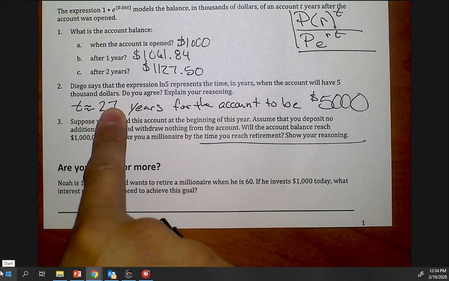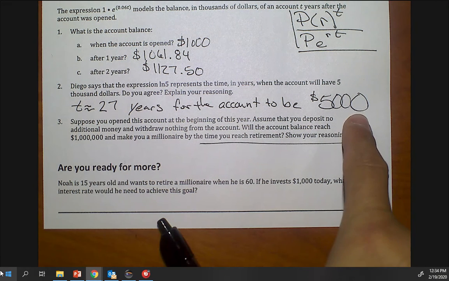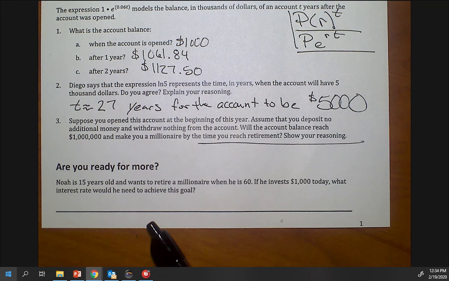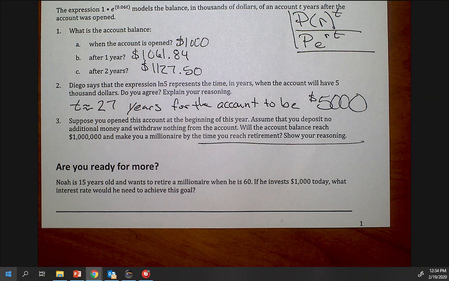It took 27 years to get to $5,000, didn't it? So if I have a 30-year retirement, do you think I'm going to actually hit $1 million in 3 more years? No. That one's not going to work out. Definitely no.